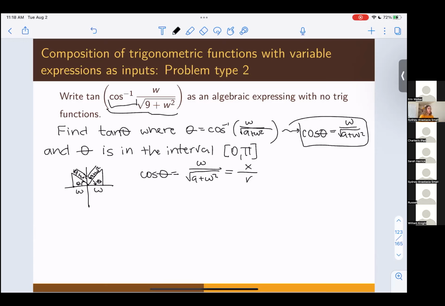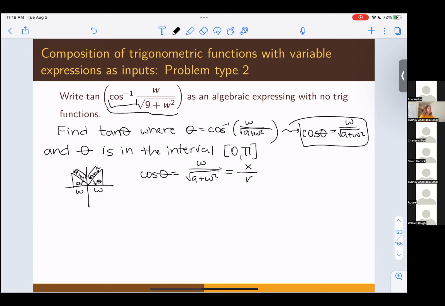Now let's think about what I am trying to solve for. I'm trying to solve for the tangent of this angle, which is the y coordinate over the x coordinate. I have my x coordinate, it's w. I don't know what the y coordinate is, so I have to solve for that. Conveniently, we're still working with right triangles, so I can use the Pythagorean theorem.